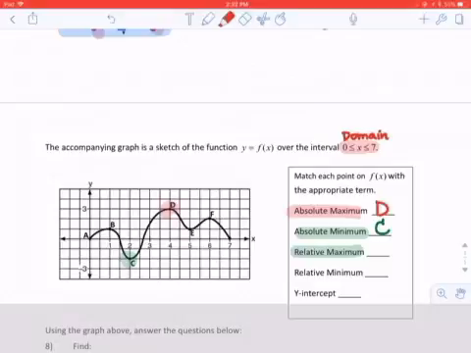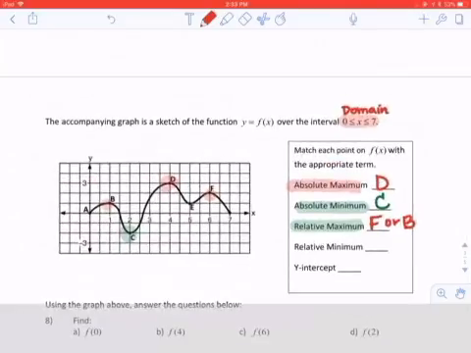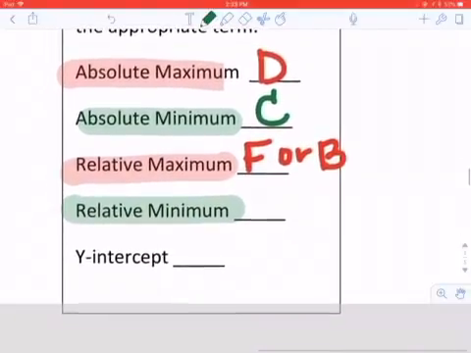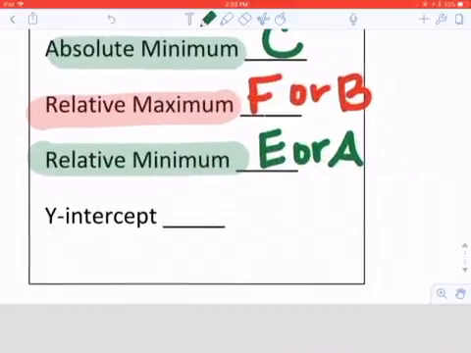Oops. Relative maximum would be F or B. You could use F or B. Those are relative maximums. And then our relative minimums are E, and I would even say A. And then the y-intercept is right there, point A.